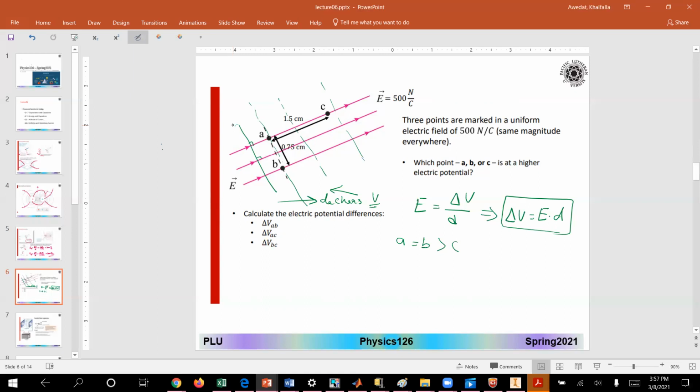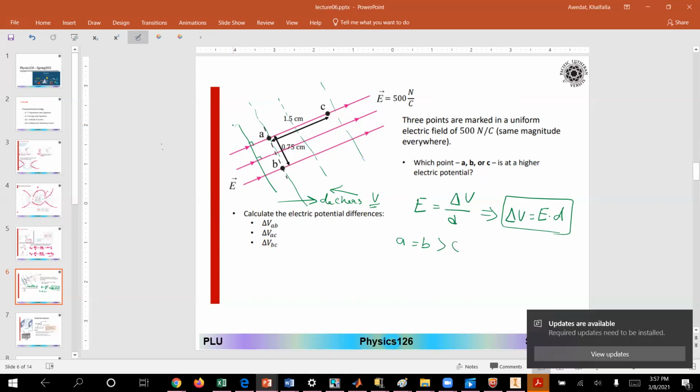A and B are equal since they are located on one equipotential, and C is lower because, going toward the direction of the electric field, the potential should decrease. Now to find the delta V AB between A and B, it should be equal to 0, since they are located on one equipotential. So this one I can find immediately: 0.